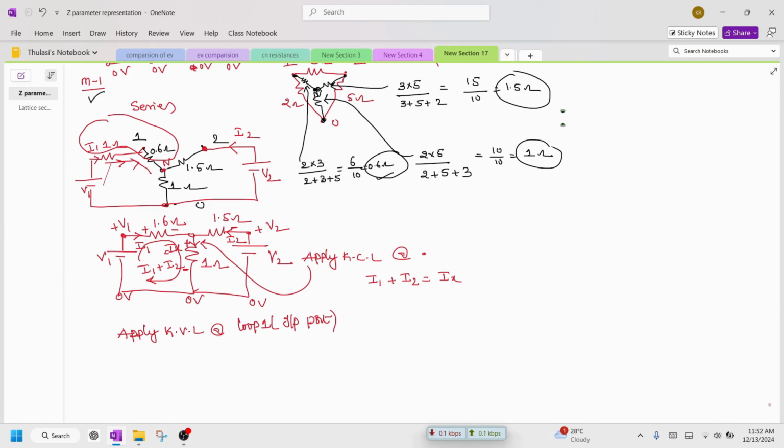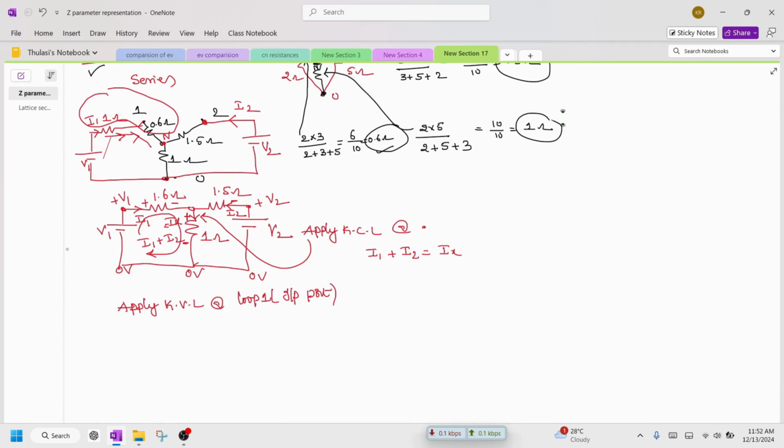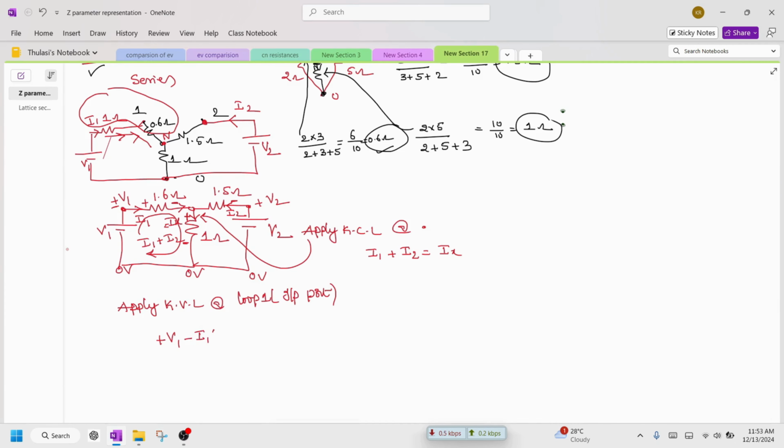Now when you apply this law, you can see the current is leaving, and the polarity of the voltage is plus V1, and then minus the drop I1 into the 1.6 ohm resistor, and the resultant current flowing is I1 plus I2, into the resistor value, which is 1, equal to 0.